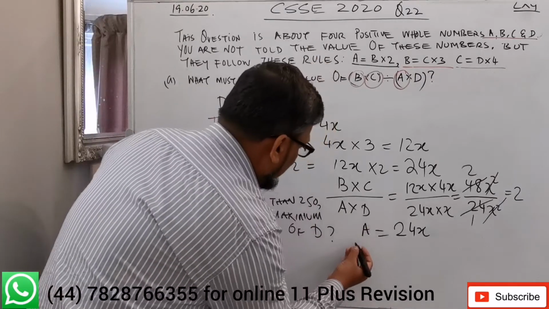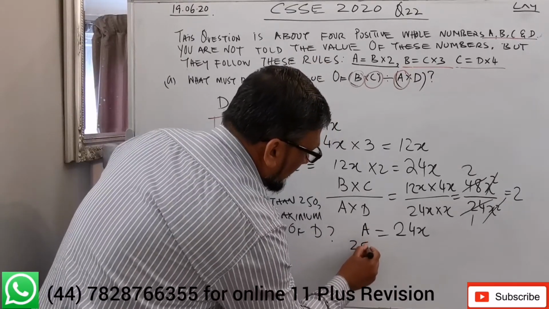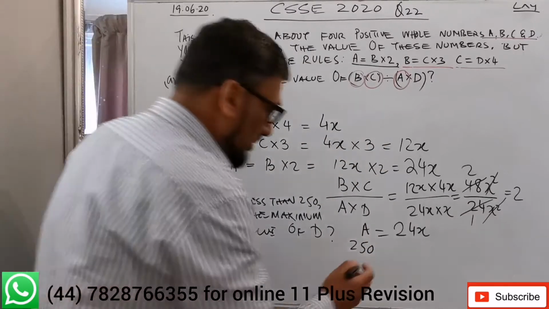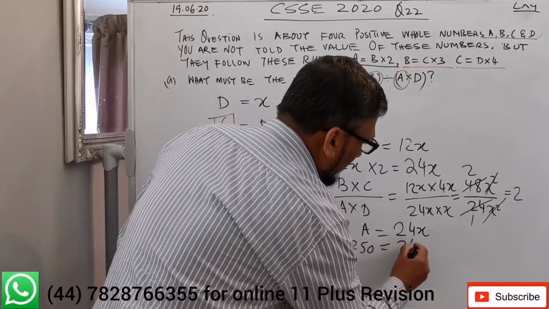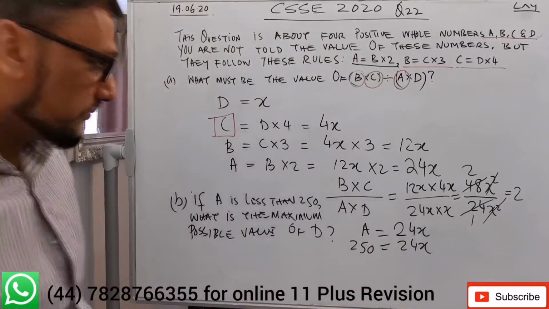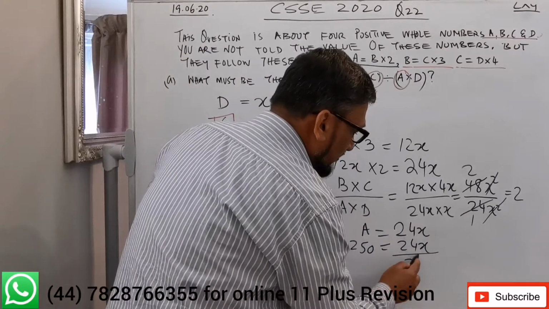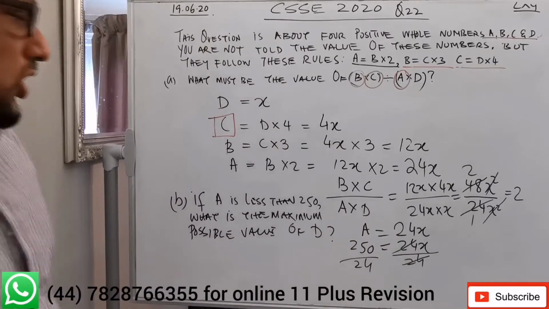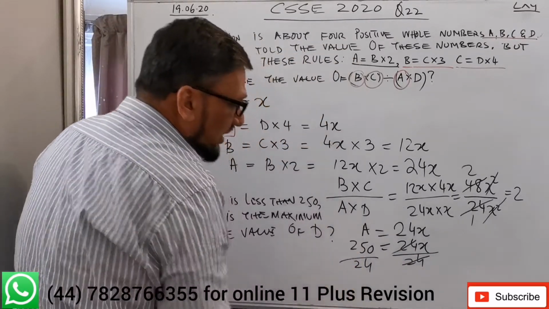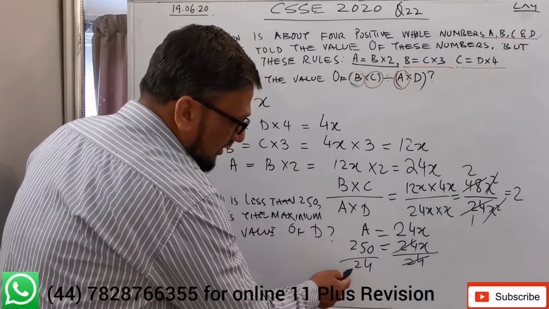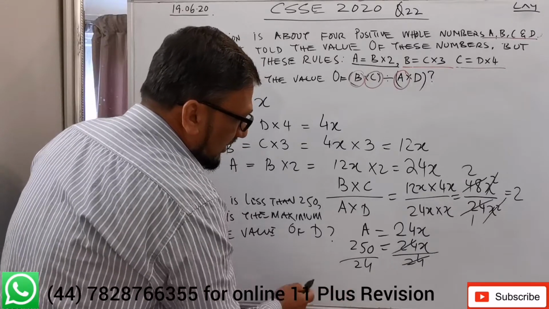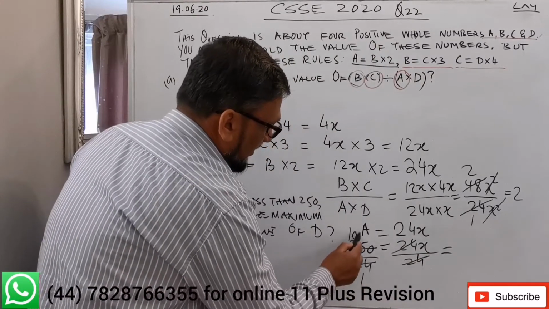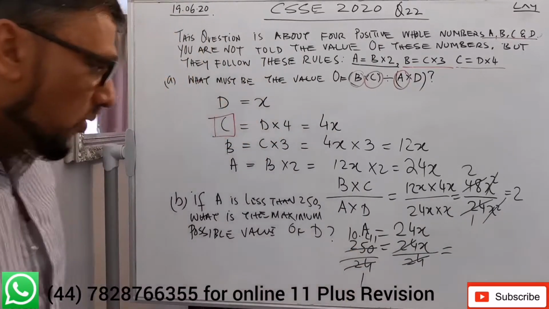So assume the value of A is 250, so 24x equals 250. Divide both sides by 24. Look at this: 250 divided by 24 will be 10.41.